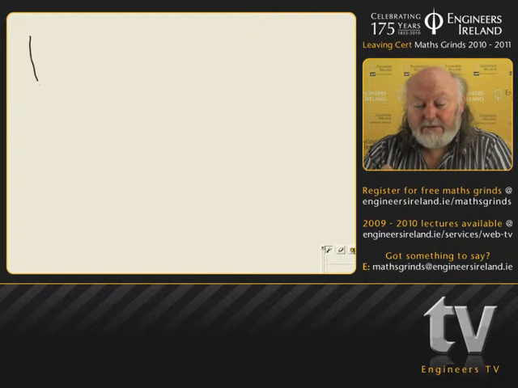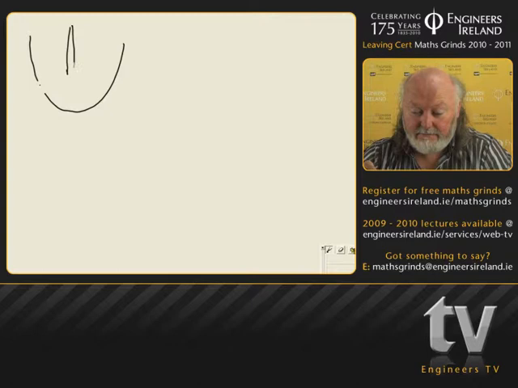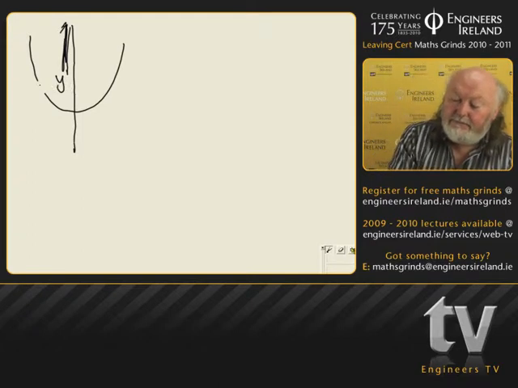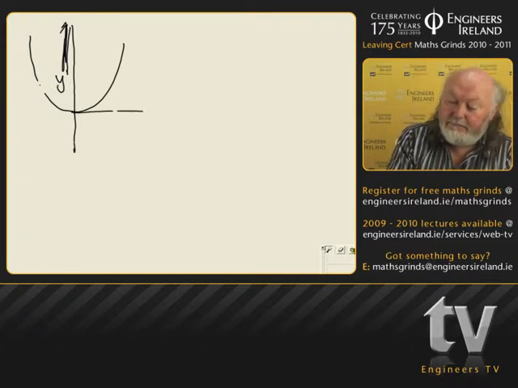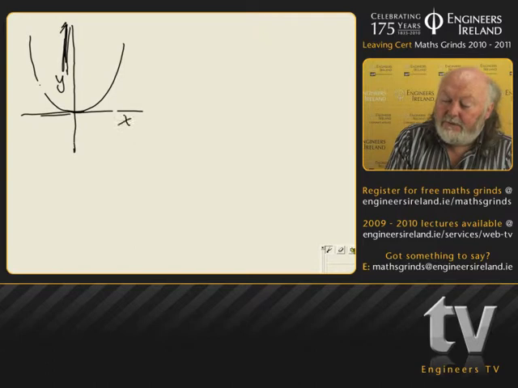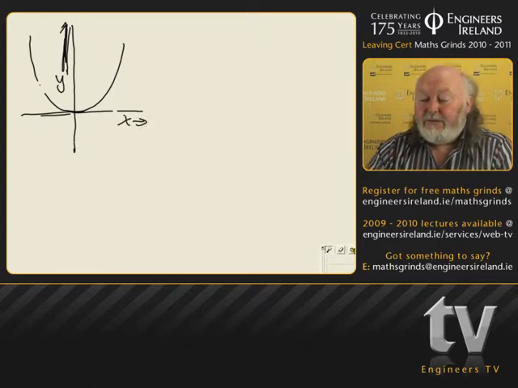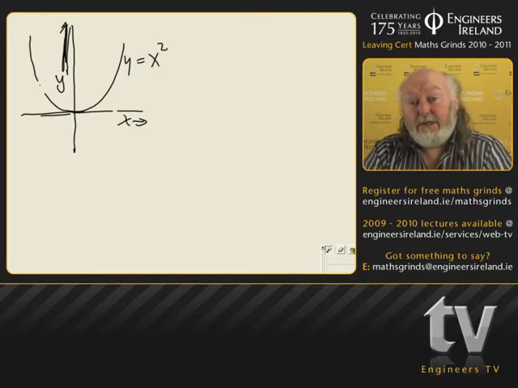If we look at the basic parabola, the basic second order, that's going to be the y-axis. That's the x-axis. This basic parabola is y equal to x squared. And there's nothing added to it. It's not like x squared plus 3.